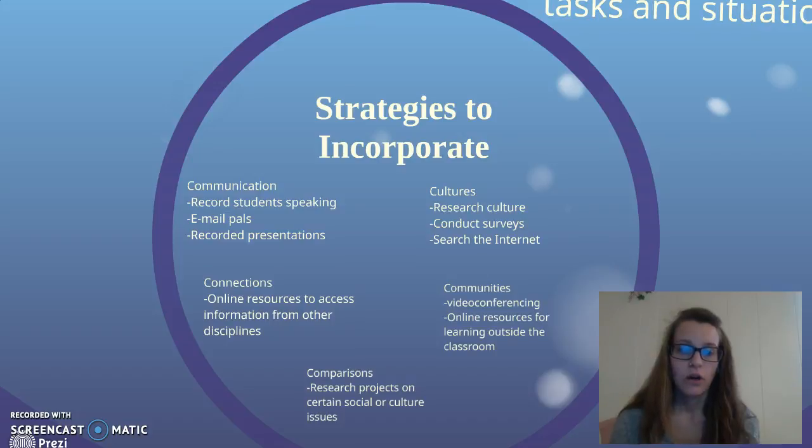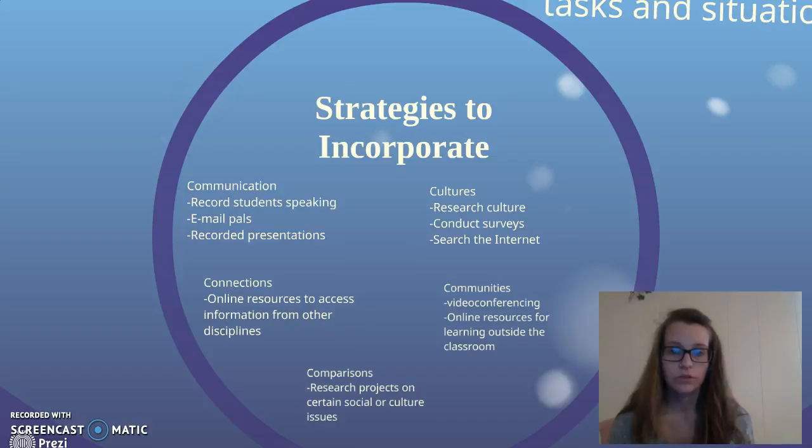With connections, they suggest using online resources to access information from other disciplines. For comparisons, they suggest research projects on certain social or cultural issues.